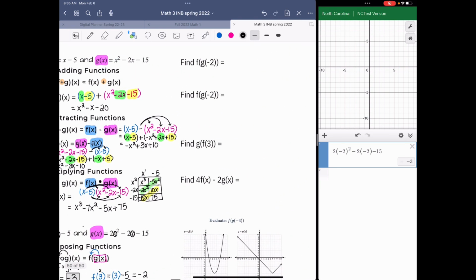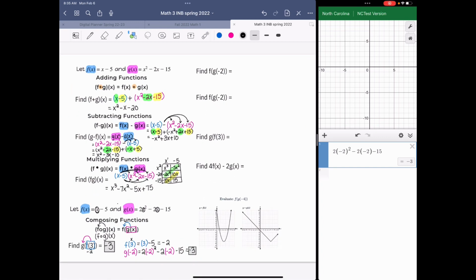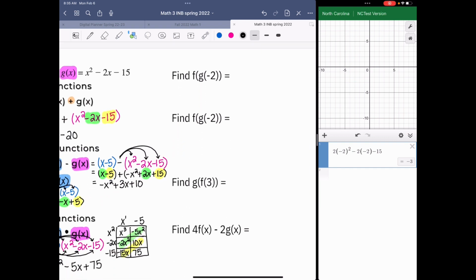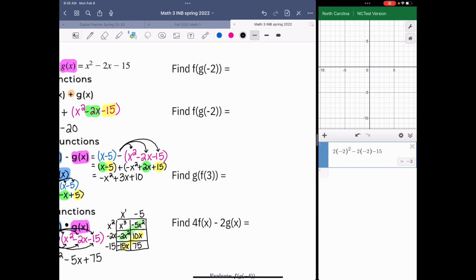All right, so let's look at another example. There was a typo here, but we'll get to that in just a second. This one is telling me to take the g function, plug in 2, and then after we plug in 2, we're going to take that and plug it into f, because you see that g is in the parentheses.